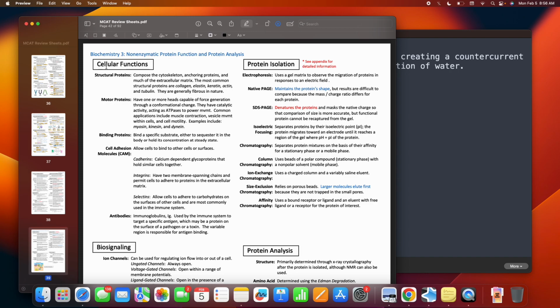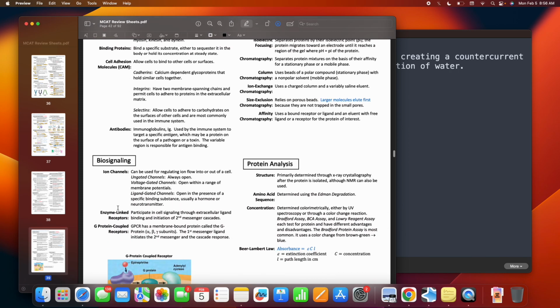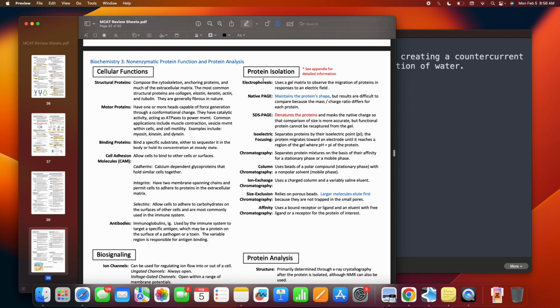So we have a bunch of cellular functions like structural proteins, motor proteins, binding proteins, cell adhesion molecules, CAMs, or antibodies. We have biosignaling, we have protein analysis, and we have protein isolation. These are kind of biotechnology, as they call it, right?